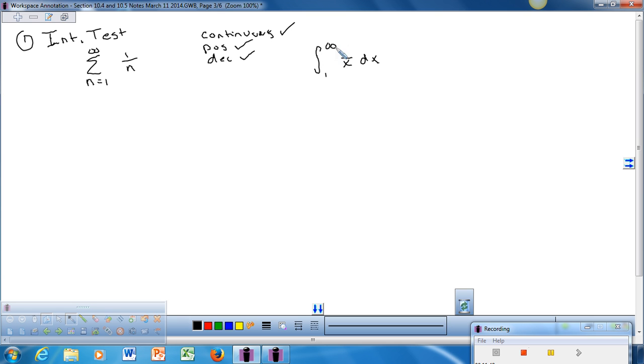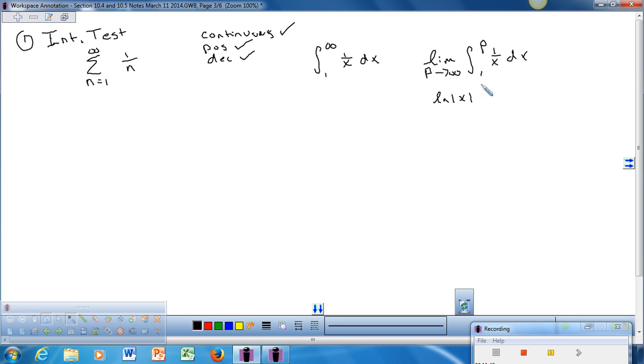What do I need to do when I have an infinite upper limit? We need a limit as p, or a, whatever you want to call it, goes to infinity of the integral from 1 to p of 1 over x dx. Now we can carry on with our integral. The antiderivative is natural log of the absolute value of x. We don't really need the absolute value this time because we're all positive.